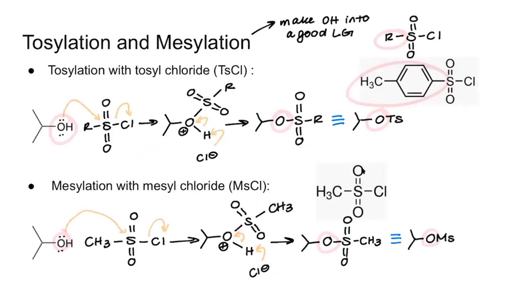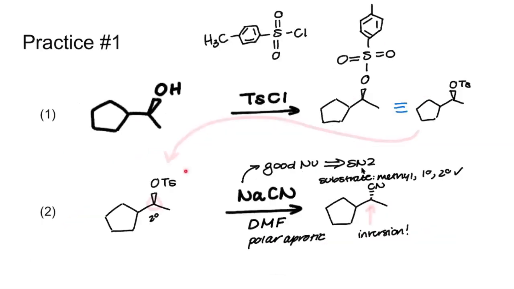The only reason I did the second reaction is to show you an instance of tosylation or mesylation being applied, because usually we do tosylation or mesylation so we can get a certain product. Remember, this alcohol is going to be a bad leaving group. So if we take off this alcohol and put a tosylate or a mesylate on it, that's usually because we're trying to get to some other product. Does that make sense? Yeah, thank you.